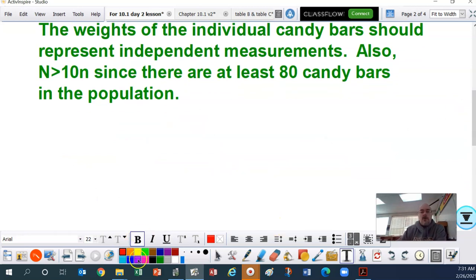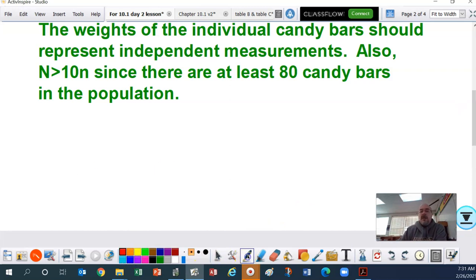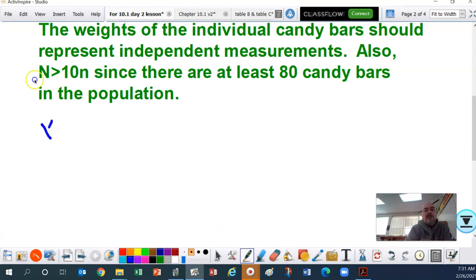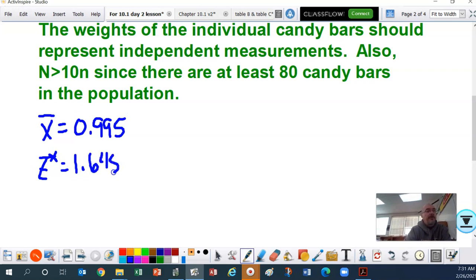Now, I'm going to write down some of the key information that I have, folks. These are the numbers that I'm going to be using. I know X bar: I took those samples, added them up, and divided by how many there are, and our X bar is 0.995. We know the critical value, Z star, for 90% is 1.645.